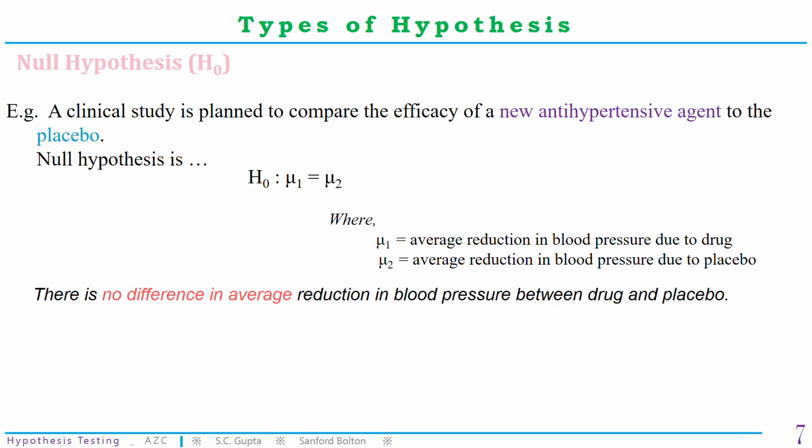Null hypothesis is H0: mu1 is equal to mu2, where mu1 is average reduction in blood pressure due to drug, and mu2 is average reduction in blood pressure due to placebo. Wording statement is there is no difference in average reduction in blood pressure between drug and placebo.